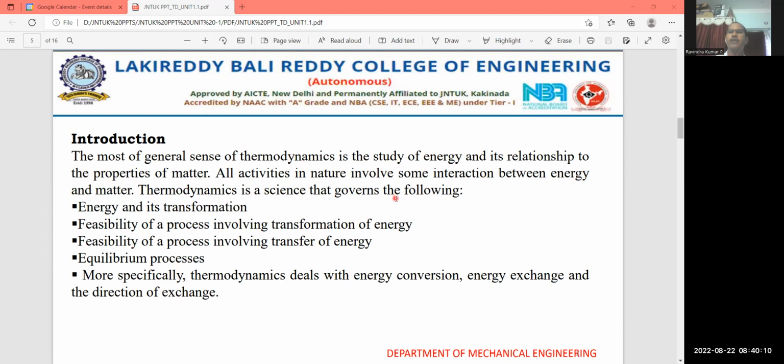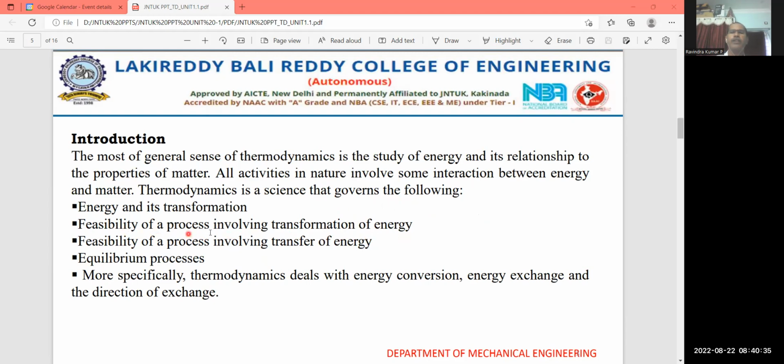All activities in nature involve some energy interaction between the system and surroundings. So thermodynamics governs the following things: energy and its transformation, meaning the conversion of low grade energy to high grade energy or vice versa. Next, the feasibility of a process involving the transformation of energy.